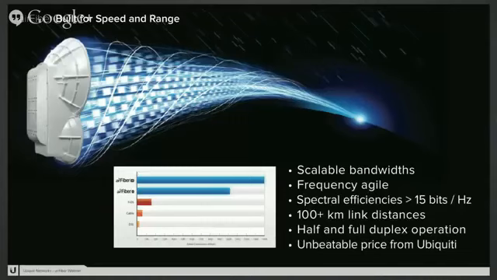And we achieve that through scalable bandwidths, the fact that AirFiber is frequency agile, AirFiber has spectral efficiencies greater than 15 bits per hertz, and we achieve link distances over 100 kilometers. AirFiber also features half and full duplex operation, and let's not forget the unbeatable price from Ubiquiti.